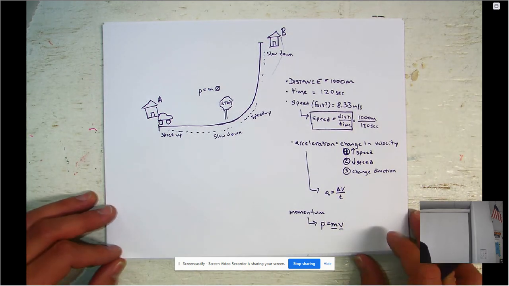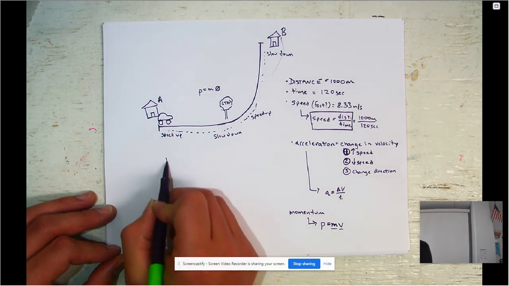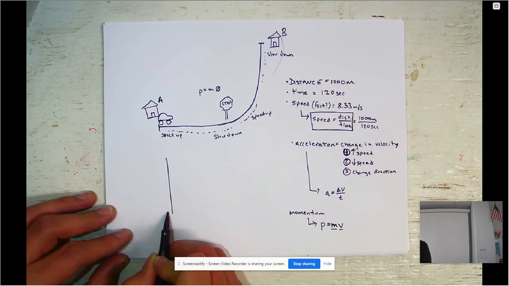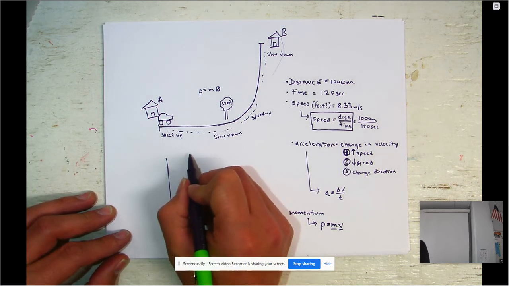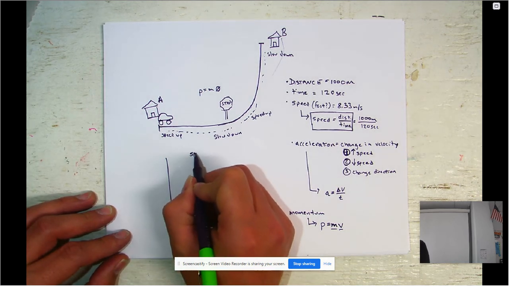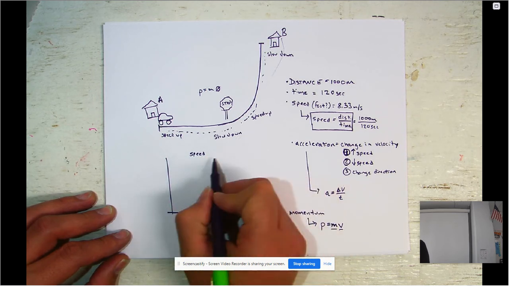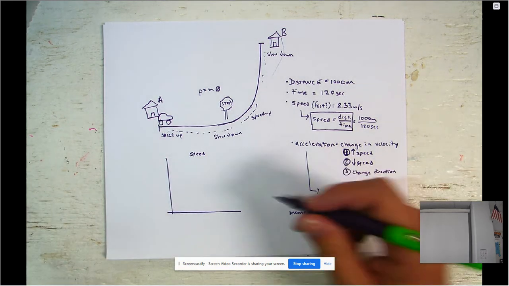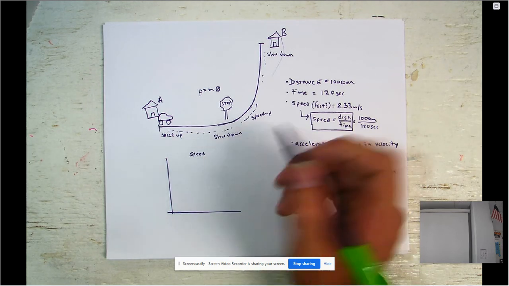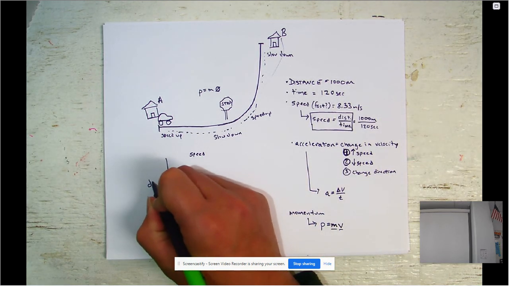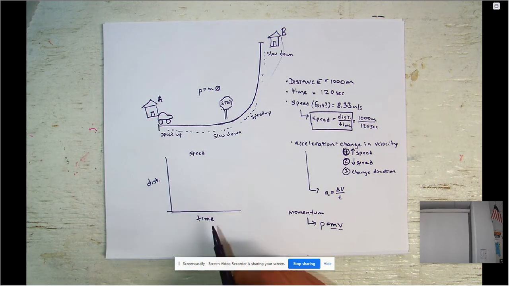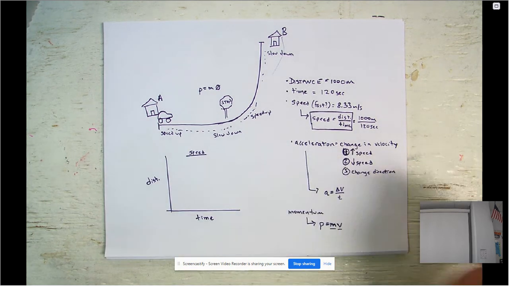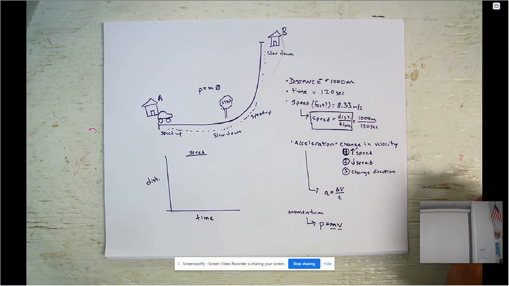All right, and then another thing that we can look at is graphs. In physics, we like to look at a lot of graphs. So if we wanted to do a motion graph, we can look at speed of a car. In a speed graph, our distance is going to go on the y-axis and our time is going to go on the x-axis. So it's a distance time graph and it's going to show us the speed of a car.